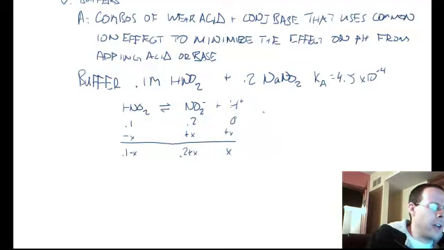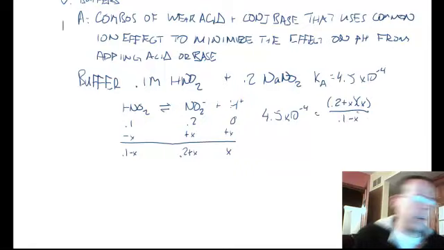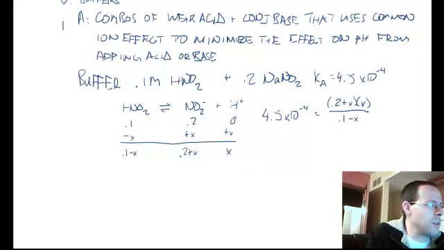Okay, so if we look at our Ka, we're just going to set Ka, 4.5 times 10 to the negative fourth, equals products over reactants. So we're going to have 0.2 plus X times X all over 0.1 minus X. Alright, and like we've been doing, we are going to assume that X is small. So because X is small, we're going to ignore that.